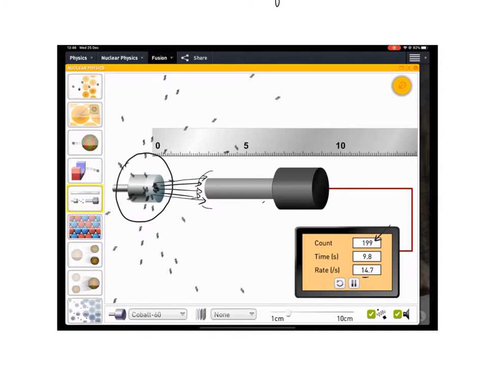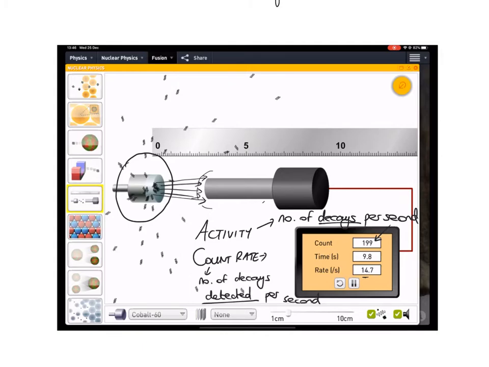There's a big difference between the activity, which is the number of decays that the source is experiencing per second in total, and what you'd call the count rate, which only tells us the decays which are being detected by the counter because of the radiation incident on it.